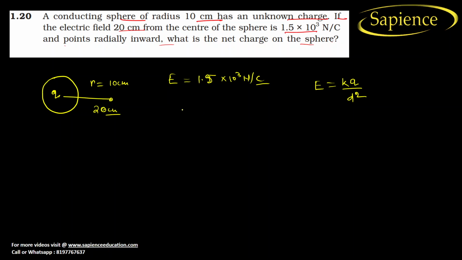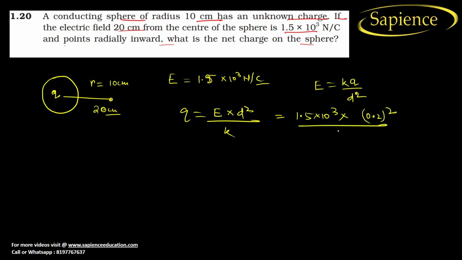From here we can easily find the charge: q is equal to E into d square divided by k. The electric field they have given is 1.5 into 10 to the power cube, into d square, the distance 0.2 whole square, divided by k, which is 9 into 10 to the power 9. So these are the simple values. I hope you have understood this one.